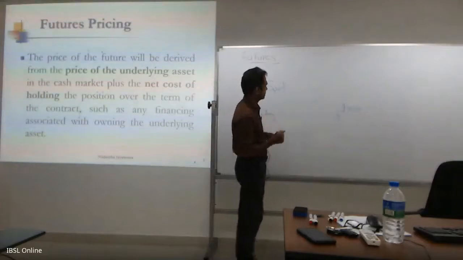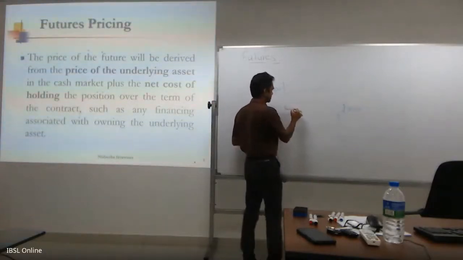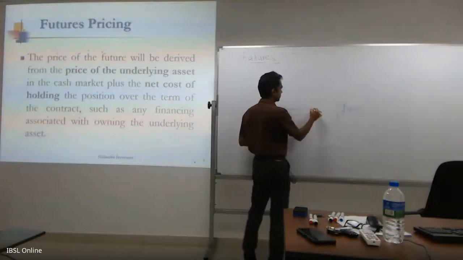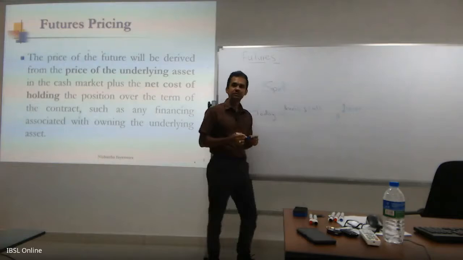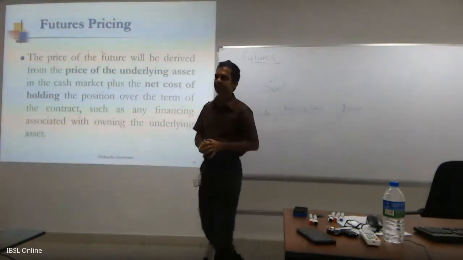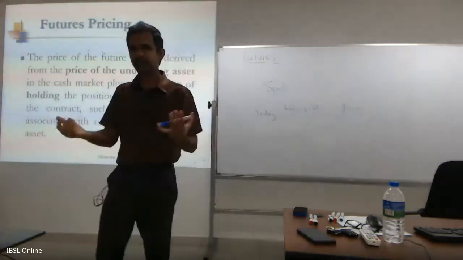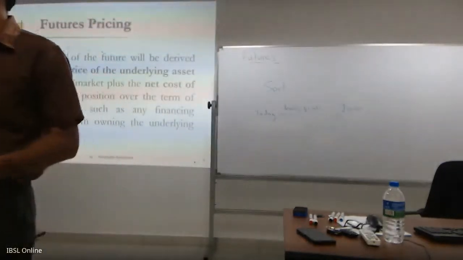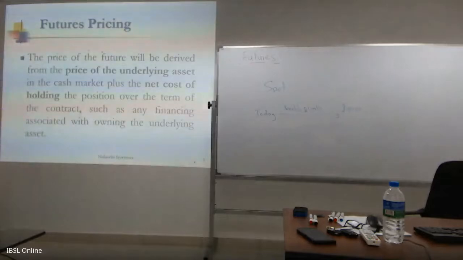But considering the benefits and costs, how do you derive a price in the market, at least to break even? You buy something, you keep it for a 1 year period. How do you factor the costs and benefits when deriving the price?